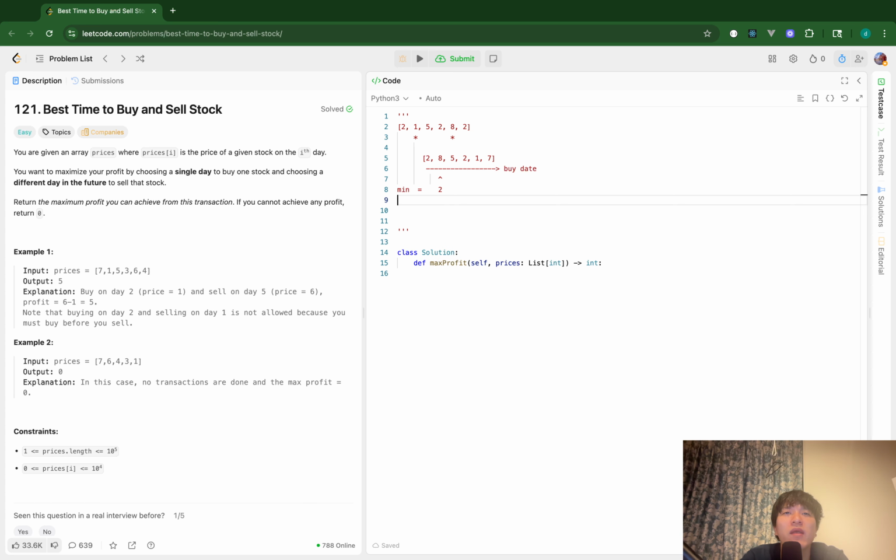So I can say the profit should be 8 minus 2 is 6. Then on the next day, I mean day 2, oh no, sorry, I should traverse the sell date.